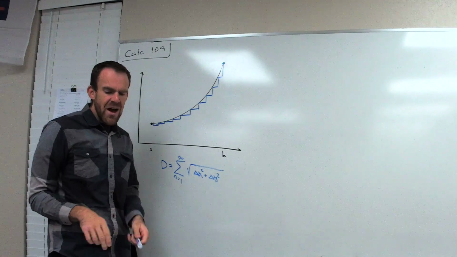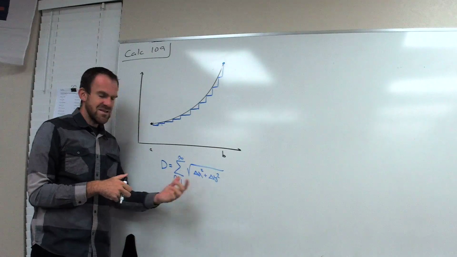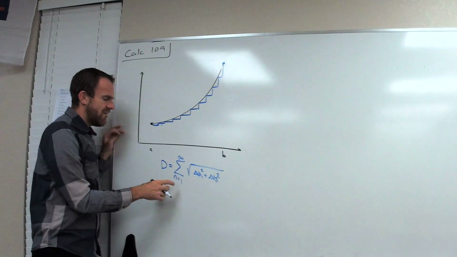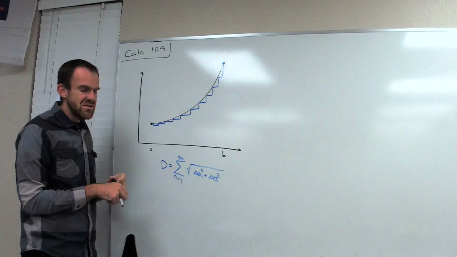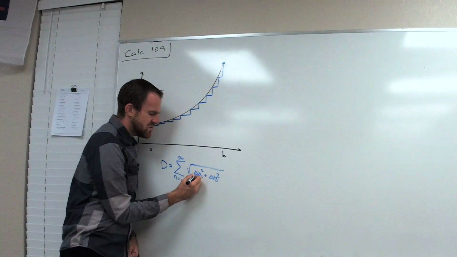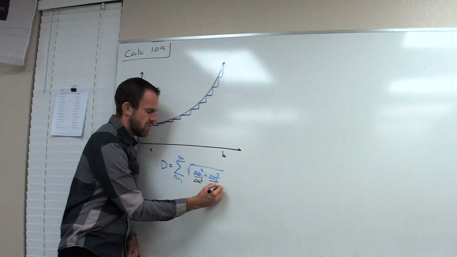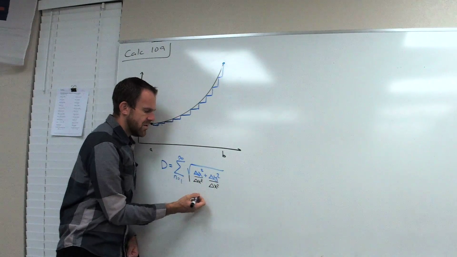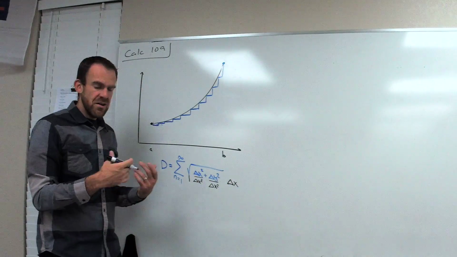So as I'm adding up an infinite number of these little triangle distance things, I know that when I have an infinite sum, that usually means I can integrate. So here's the trick. I'm going to divide this whole thing by delta x squared in the square root, and then multiply by delta x on the outside. That leaves the problem unchanged, right?